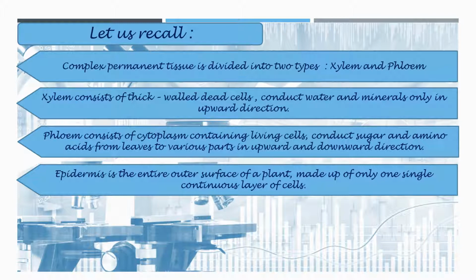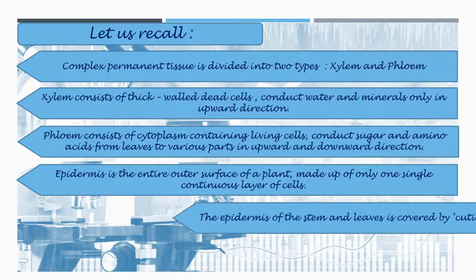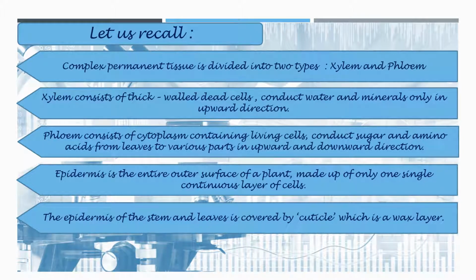We also studied the epidermis, which is the entire outer surface of a plant, made up of only one single continuous layer of cells. The epidermis of the stem and leaves is covered by cuticle, which is a wax layer.